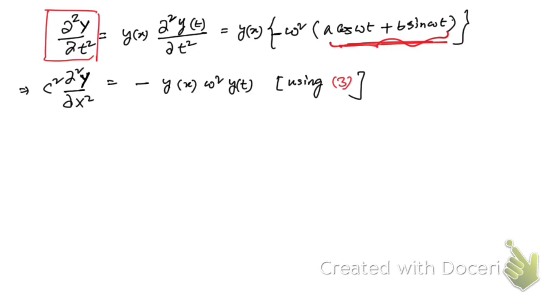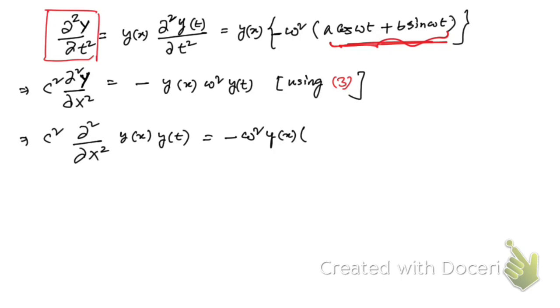Now let me cut it, just wait. Okay, now again here you see this c square second order derivative of this capital Y. This capital Y is nothing but product of small y of x and small y of t. We can write that way. Okay, so minus omega squared small y of x small y of t.